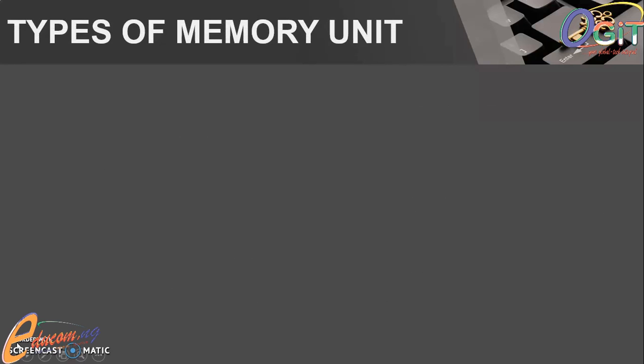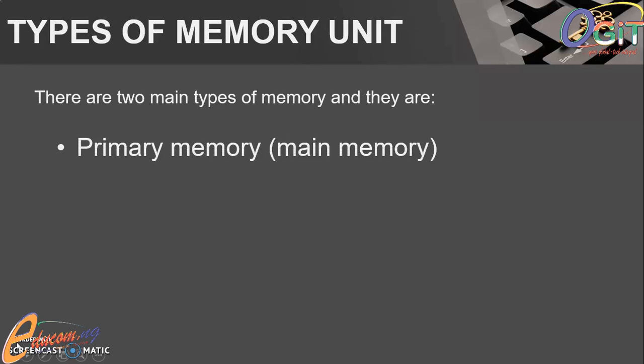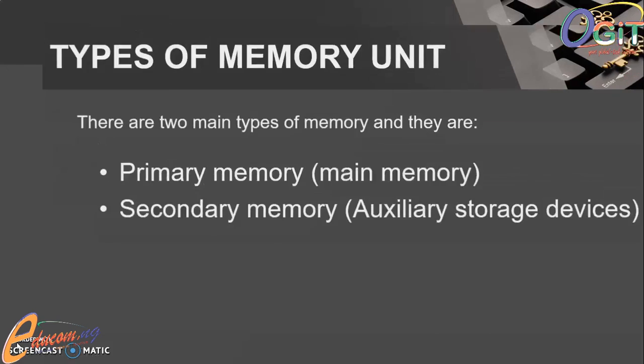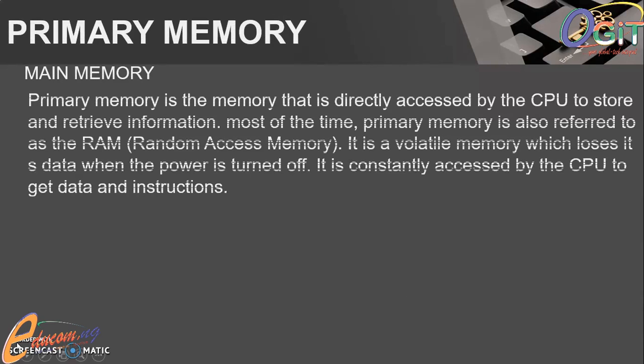Types of memory units. There are two main types of memory units, and they are primary memory, which can also be called main memory, and secondary memory or auxiliary storage devices. Let's discuss primary memory or main memory.